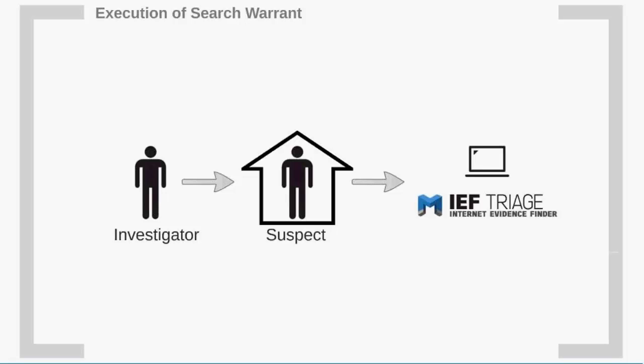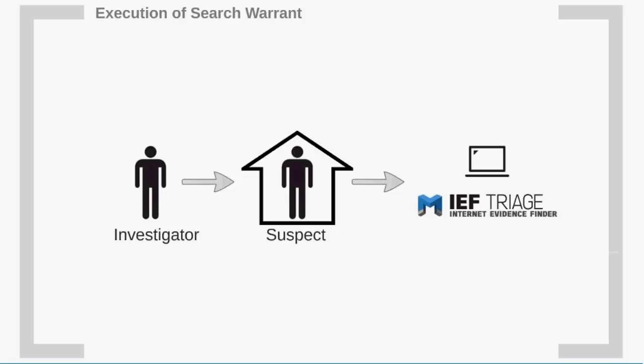The search warrant's executed, and we enter the residence, and there's a computer on. And we use IEF triage at this point to gather some further evidence. So we're wanting to confirm the Skype chats and confirm some other information, as well as look for any illegal material or illicit images on that machine.